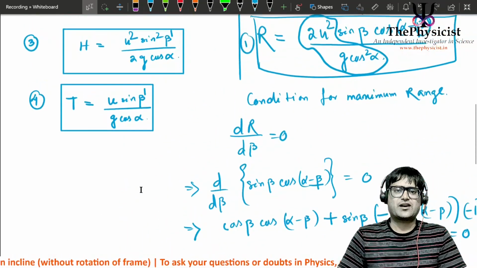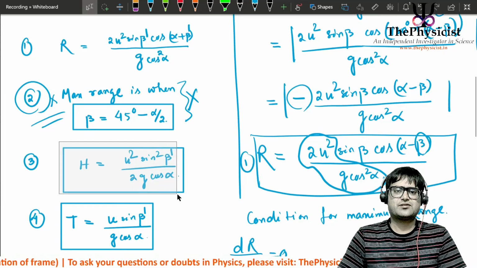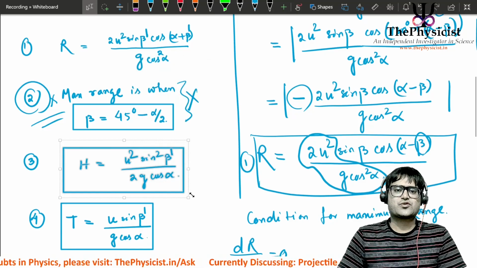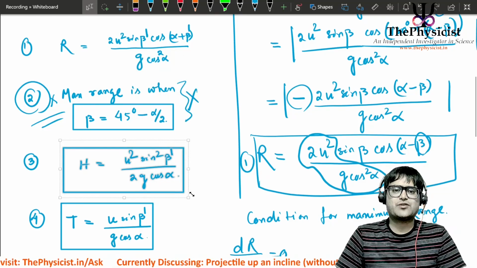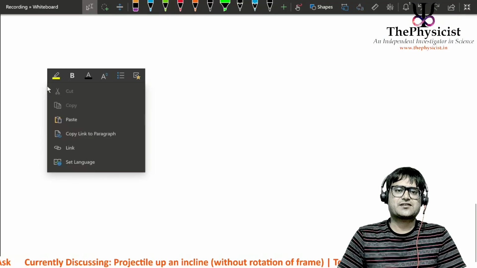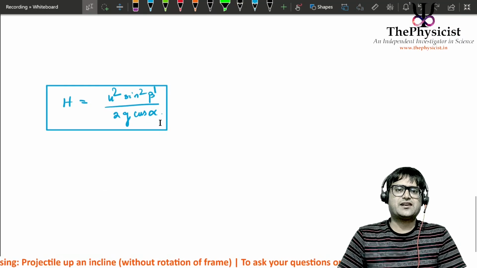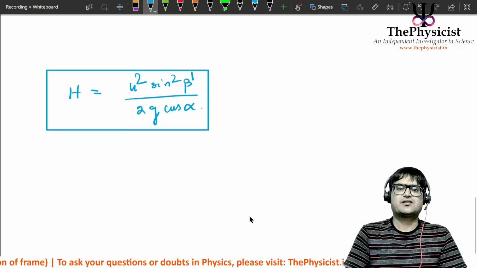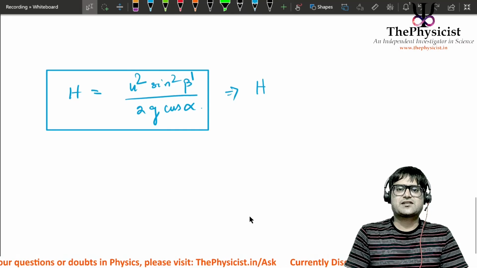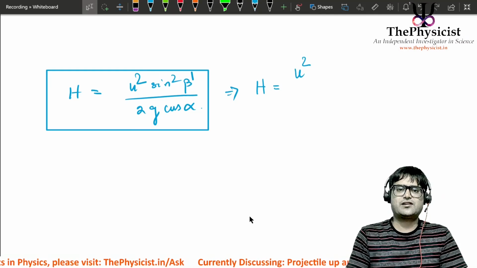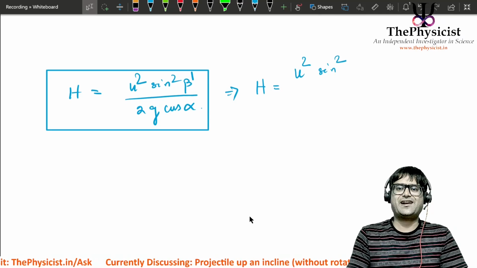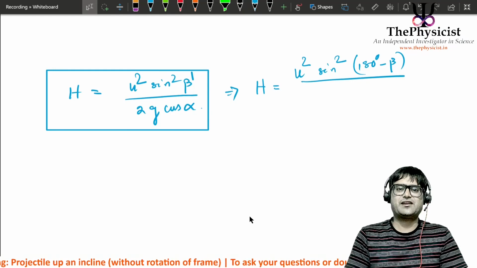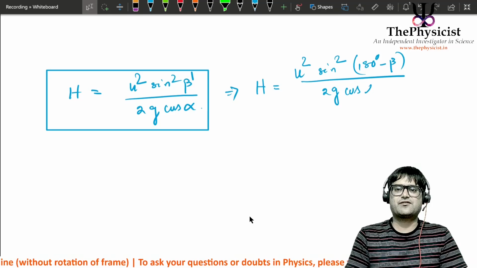Now the remaining parts are very simple. Let's see what the other values are. So h is u squared sine squared beta dash by 2g cos alpha, right? As we did in the previous case, the max height will be u squared sine squared beta dash, where beta dash is 180 degrees minus beta, divided by 2g cosine of alpha.